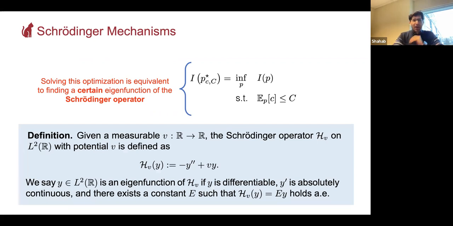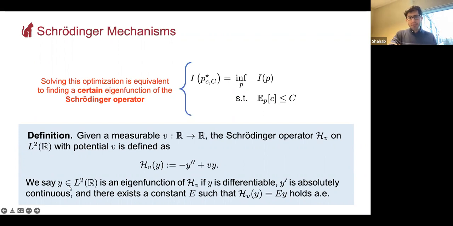For any measurable function v, the Schrödinger operator Hv with potential v is something like this. You're looking at the second-order derivative: minus y double prime, the second derivative, plus v times y. This differential equation is the Schrödinger operator with potential v. If there exists some function y that solves this equation for some e, then we say that function is the eigenfunction for this operator.